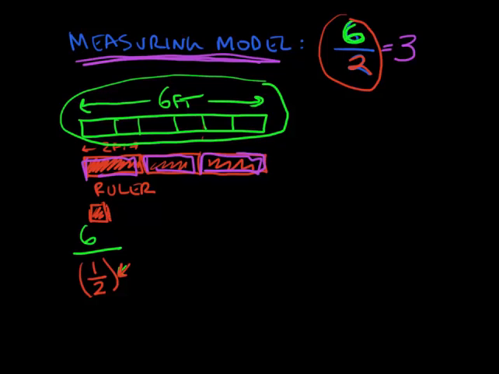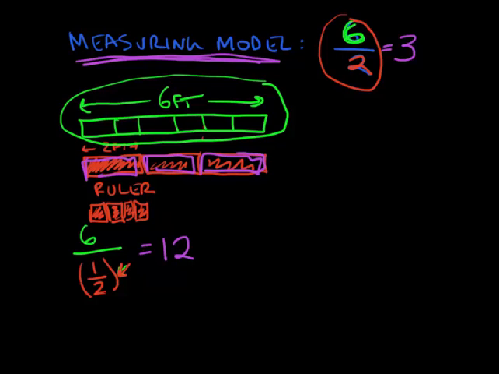We can reason about it. If I have 2 of the half-foot rulers, that would be 1 foot. If I had 4 of them, that would be 2 feet. How many of them would give me 6 feet? Well, 12. 12 of them would.